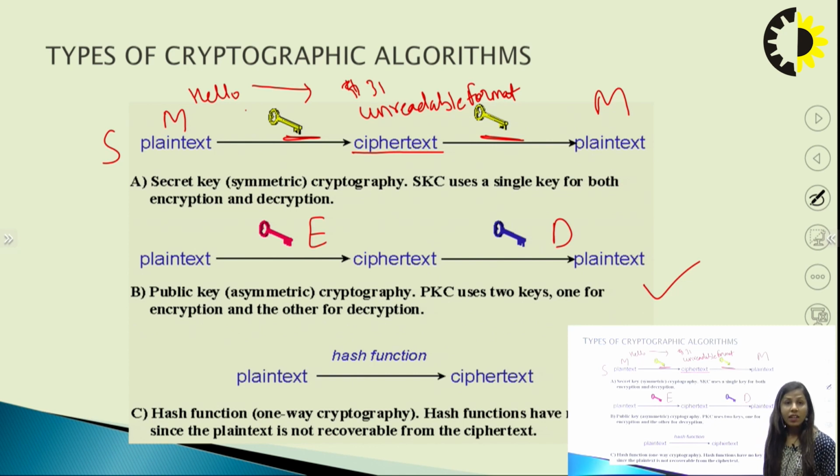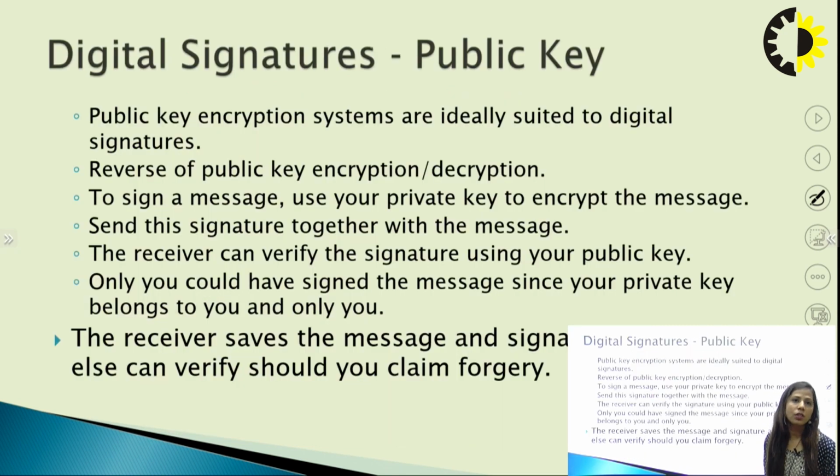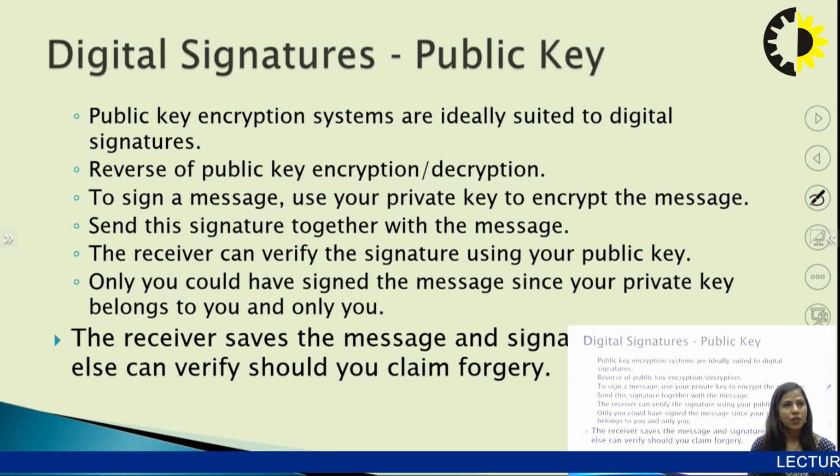Now, in the digital signature also, you can use the RSA algorithm, because over here also we are using a type of public key encryption only, that we have discussed in the previous lecture. Digital signature is also used for public key encryption and decryption, where we are transferring the message from the sender to the receiver, and along with that we are transferring one more thing.